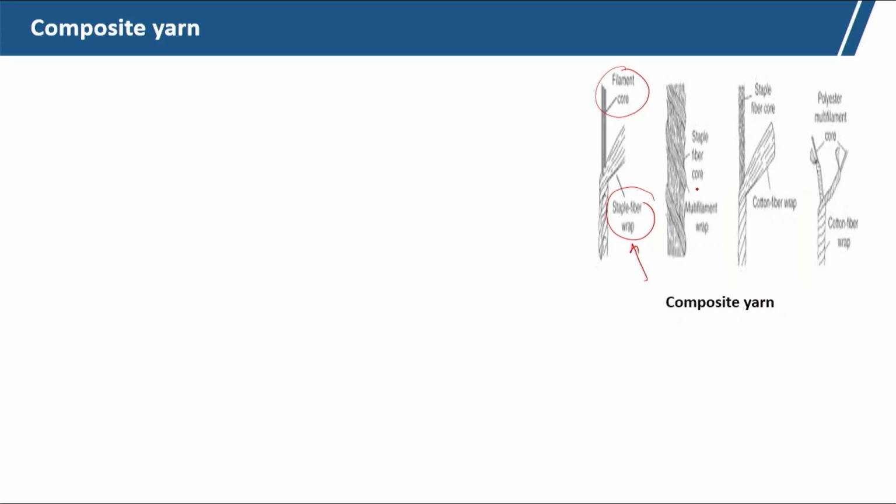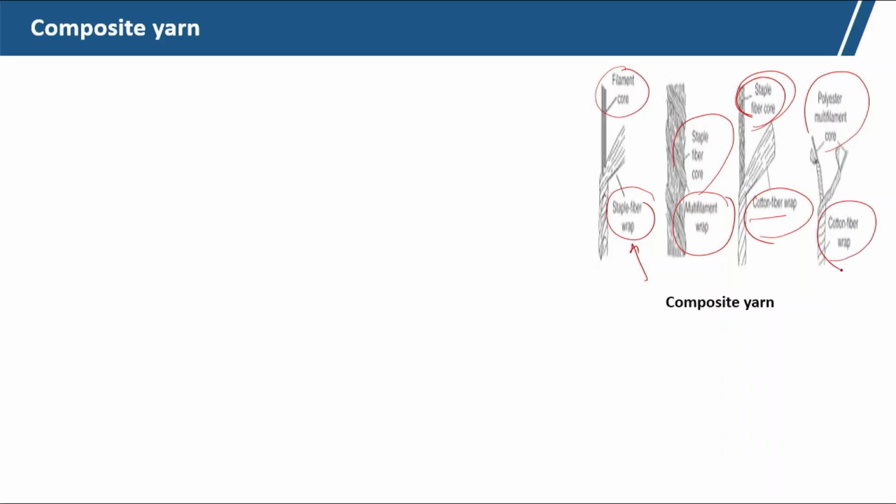Here staple fiber core and multi-filament wrap. So, wrap spinning we can also get. Staple fiber at the core and staple fiber at the sheath, that also you can produce, and say polyester multi-filament at the core and cotton at the sheath.